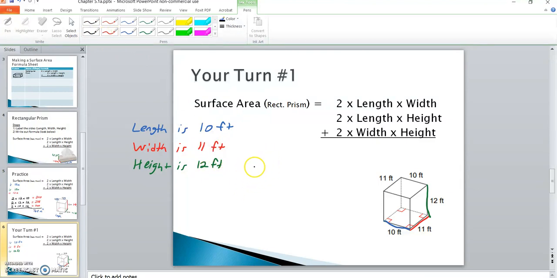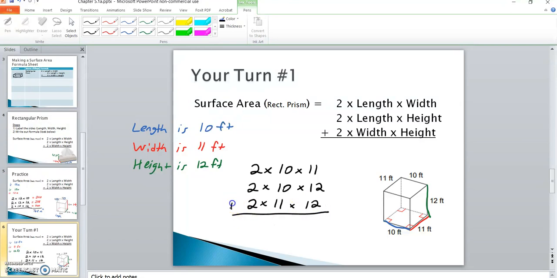Alright, so then moving on to the formula, it's going to be 2 times the length, which is 10, times the width, which is 11. And then 2 times the length, which is 10, times the height, which is 12. And then the last line is going to be 2 times the width times the height, and we're going to add it all up.